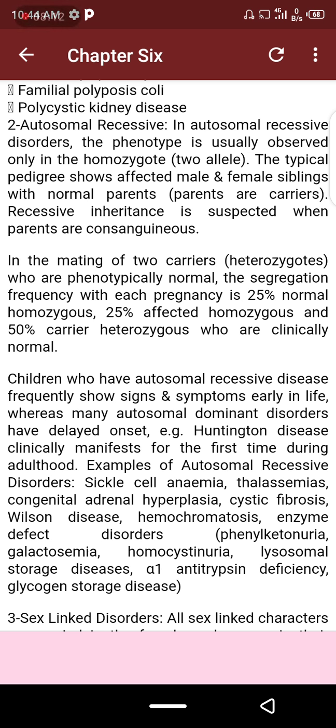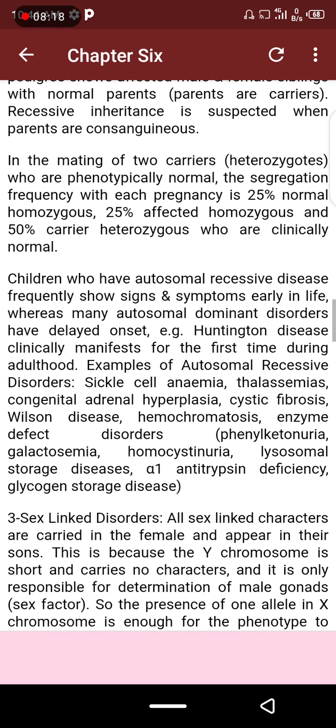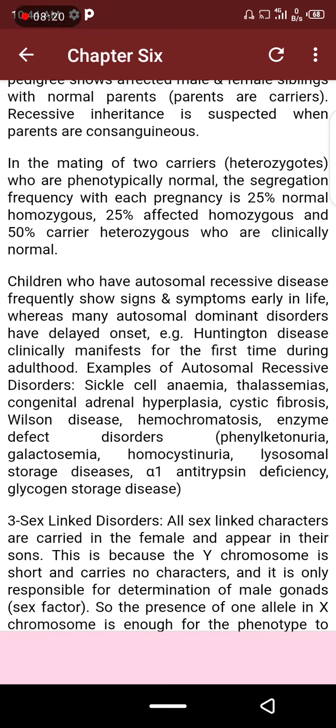Recessive inheritance is suspected when parents are consanguineous, in the mating of two heterozygotes who are phenotypically normal. The segregation frequency with each pregnancy is 25% normal homozygous, 25% affected homozygous, and 50% carrier heterozygous, which are clinically normal.